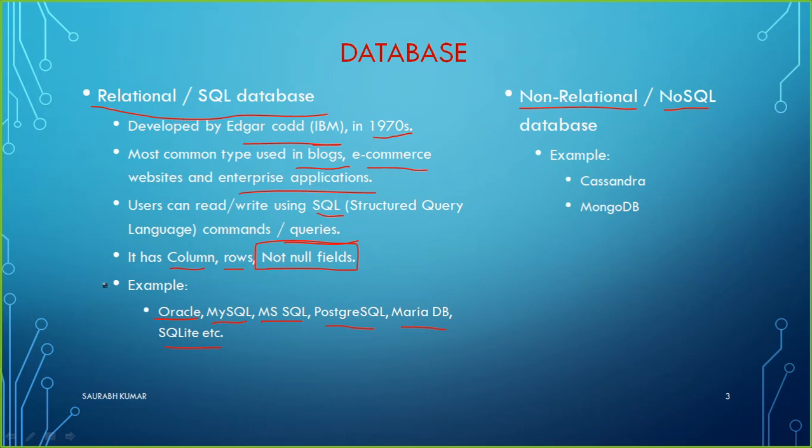If you have ever used SQL, MySQL or PostgreSQL on Linux, they are all examples of relational databases. On the other side we have the non-relational type of database. Examples of non-relational databases are Cassandra and MongoDB, and there are many others. Cassandra and MongoDB are some of the famous non-relational database types.